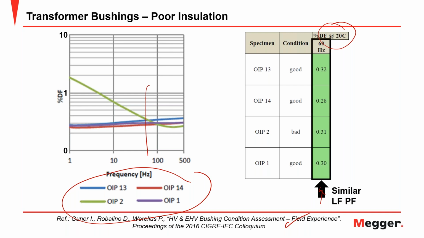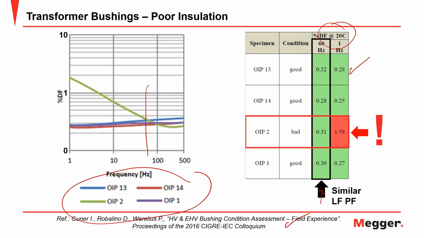But when we look a little bit more, and we use the traffic light, so the green is very good condition, and we look at the 20 degrees C 1 Hertz, you can see that now my 1 Hertz says, yes, your OIP 13 is okay, your 14 is also okay, your number 1 is also okay, but this one, OIP 2, excuse me, there is something wrong with this bushing.